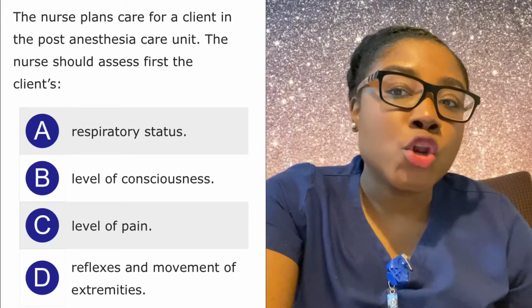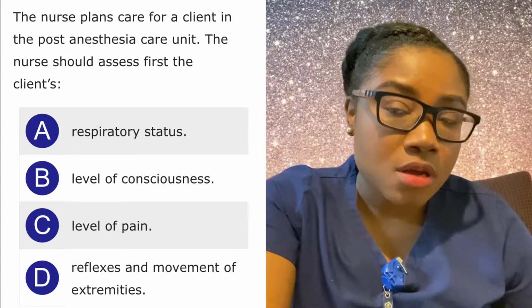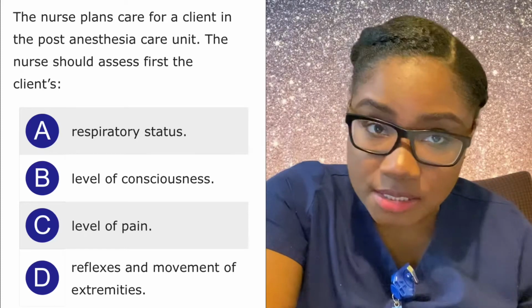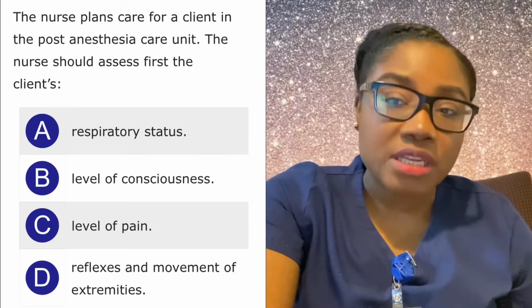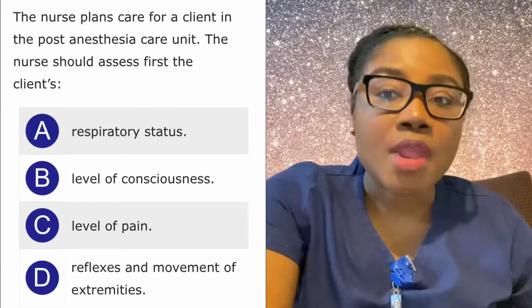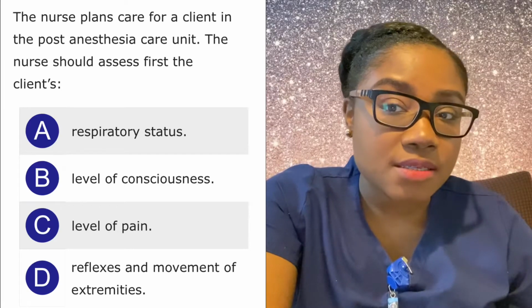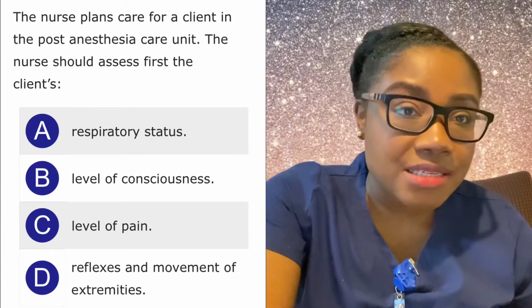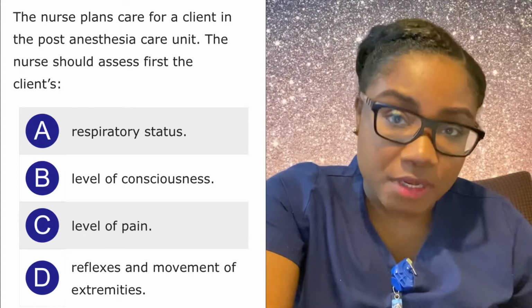Because it's saying the nurse, keyword, first. The nurse should assess first the client's. So let's read the answers. A, respiratory status. B, level of consciousness. C, level of pain. Or D, reflexes and movement of extremities.